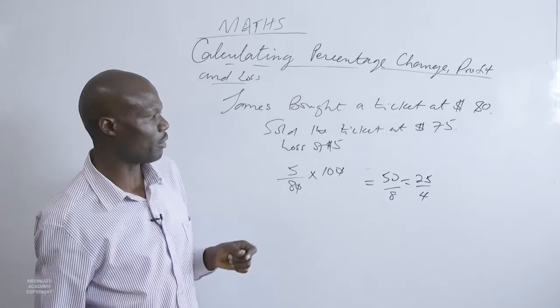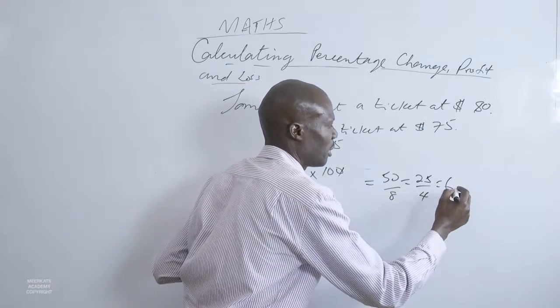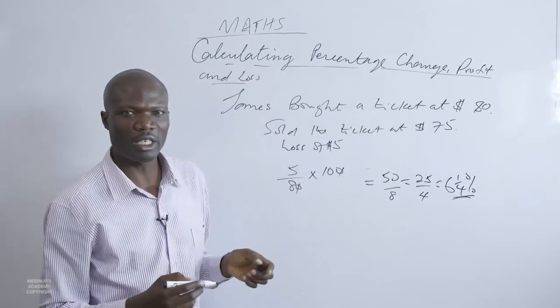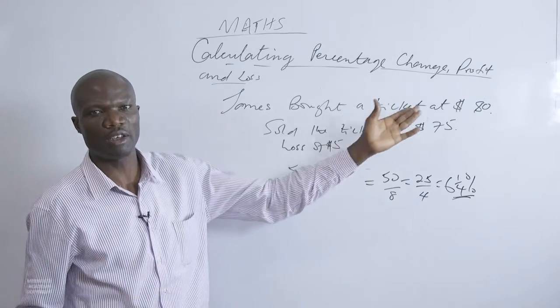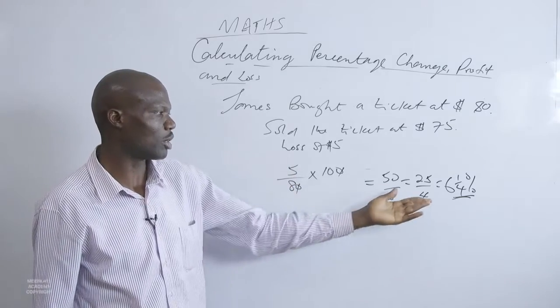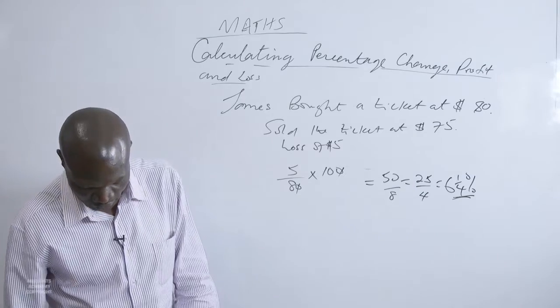And 25/4 will give us 6 and 1/4%. So the percentage loss that James made by selling his ticket worth $80 at the cost of $75 was a loss of 6.25%.